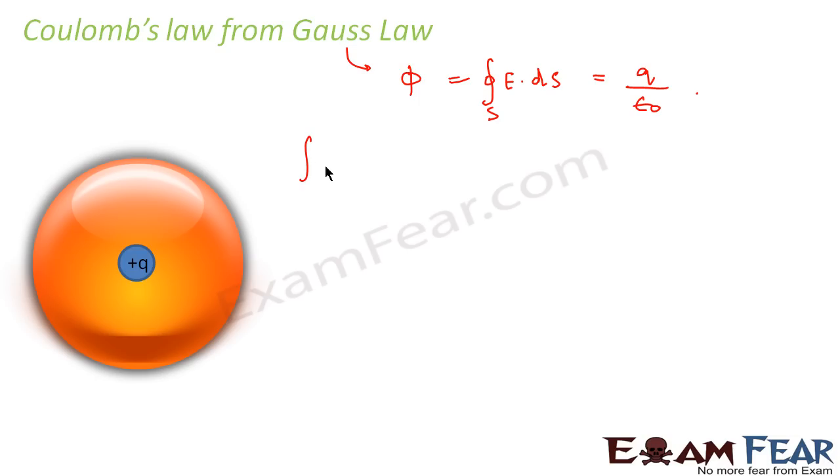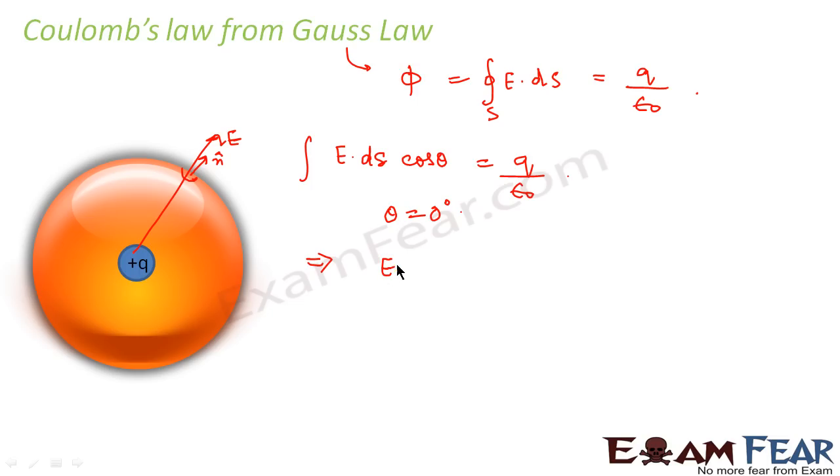Now we already know that E dot ds is E ds cos theta, equal to Q divided by epsilon naught. In this case, at every point, the direction of electric field and the direction of the area vector will be the same. That is, theta is equal to 0 degrees at all the points on the surface of the sphere. Therefore cos 0 is equal to 1.